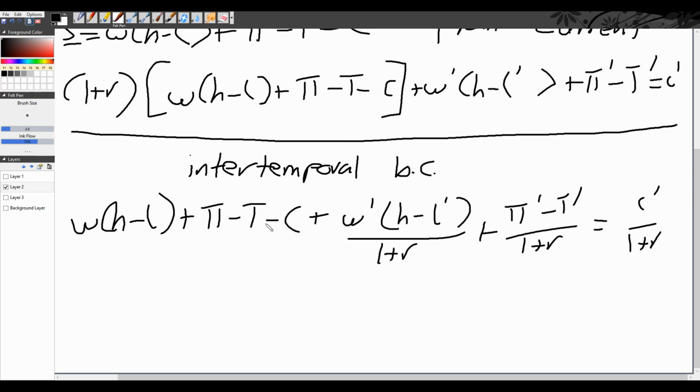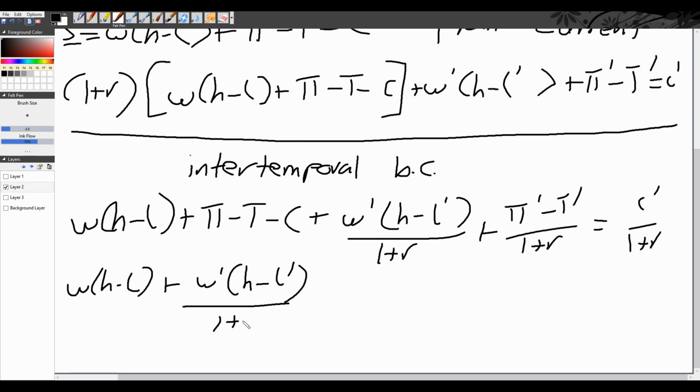What we're going to do is chuck everything related to wage income and dividends on the left-hand side. We end up with this. That's my wage income plus dividends. And we're going to chuck everything related to consumption and taxation on the right-hand side here.